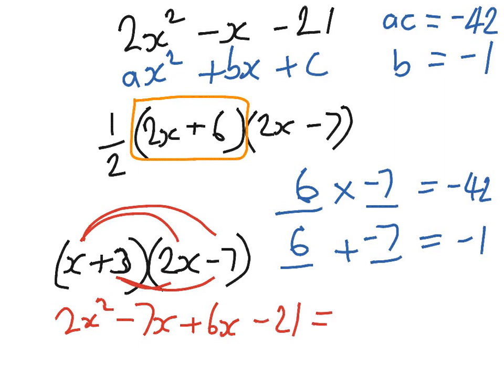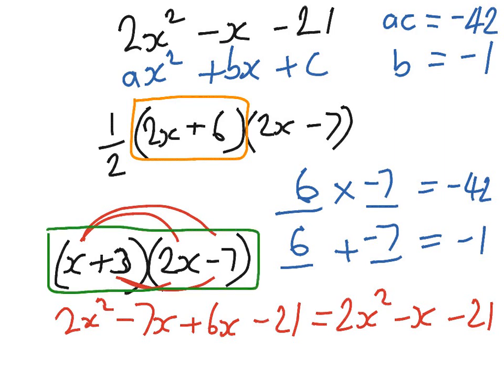Collect together the like terms, so you end up with 2x squared minus x minus 21, the same as what we started with, so that means that those two double brackets are indeed the correct factorisation of 2x squared minus x minus 21. So if you understand all of that, you can stop right there.